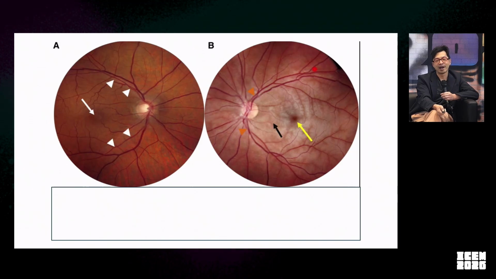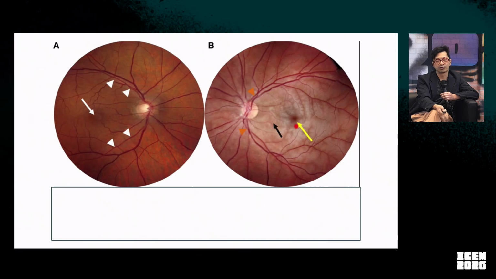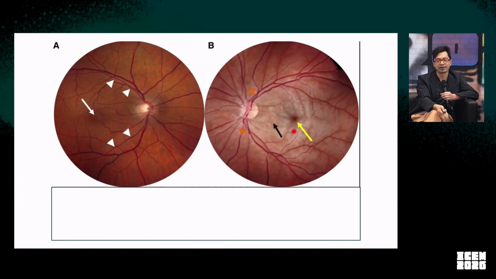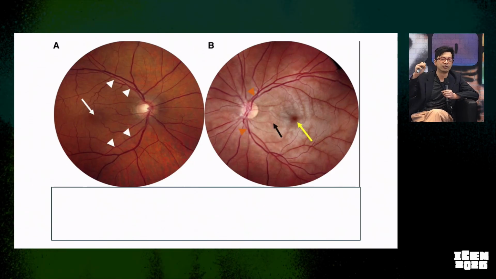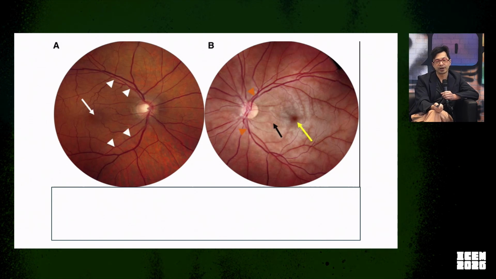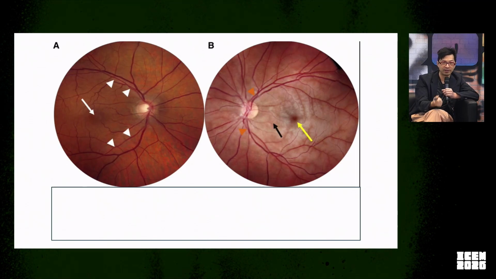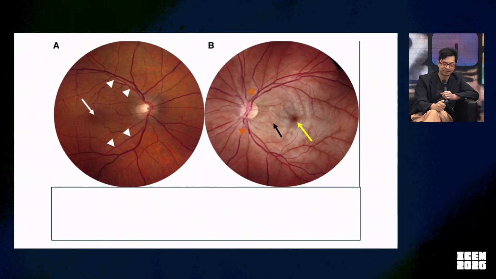And here is an abnormal or CRAO fundus. So they have the cherry red macula, right? And then the whole retina is very pale because there's a blood clot there. There's no blood coming through, so it's all going to go very pale. So pale retina with a cherry red macula, for those who still study for their exams, remember that is the kind of thing that shows up on exams.